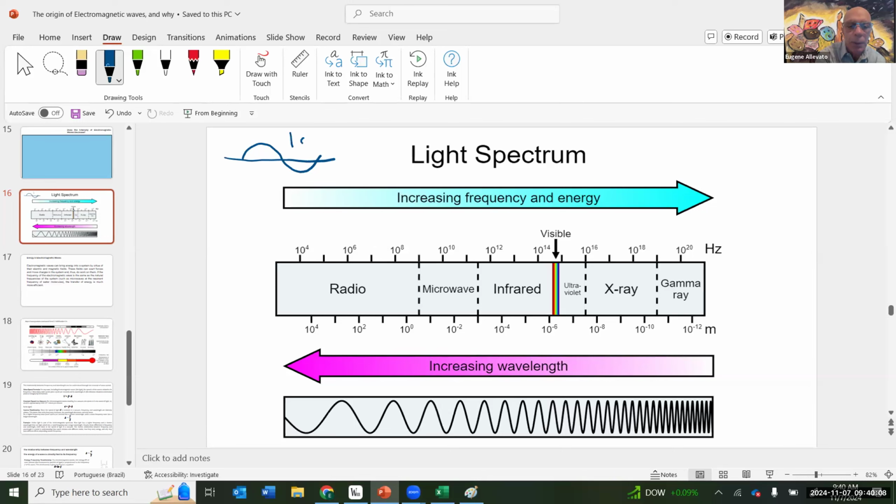That's one cycle. So the number of complete cycles per second, right? The number of cycles per second is the frequency. The wavelength is the distance from this point to that point. It is the length of the whole cycle. That is the wavelength, okay?